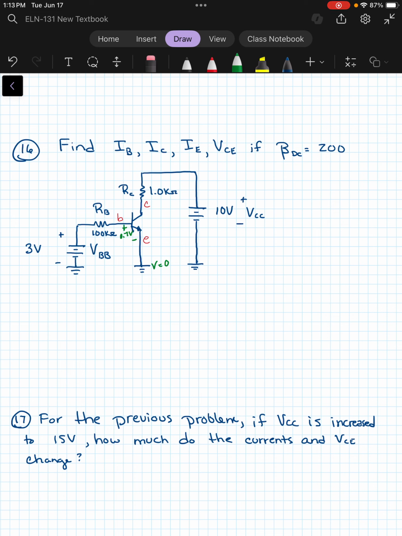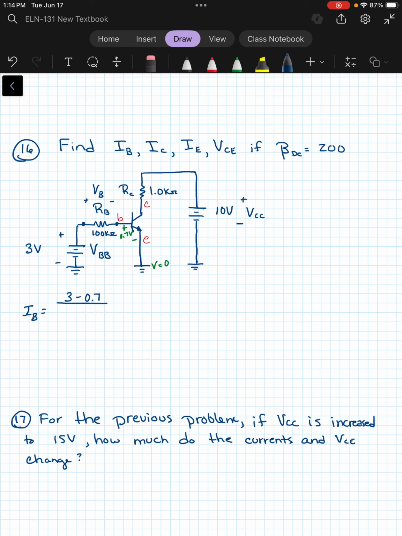Okay, so let's find our currents here. So IB would be whatever the voltage drop is across RB, so from here to here, divided by RB. So on one side of that resistor, we have 3 volts. On the other side, we have 0.7.